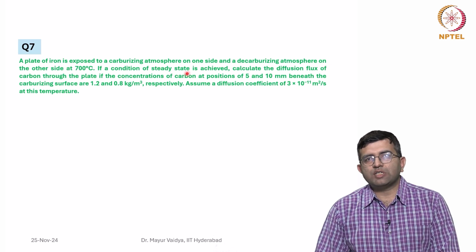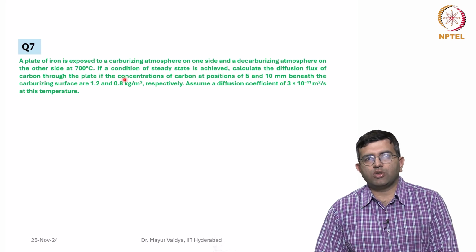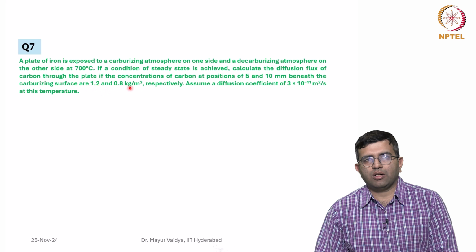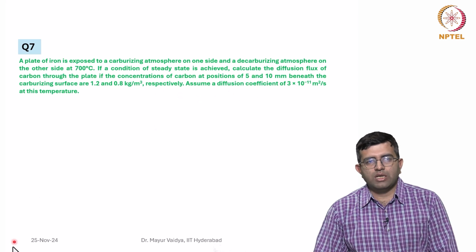If a condition of steady state is achieved, calculate the diffusion flux of carbon through the plate if the concentrations of carbon at positions of 5 and 10 mm beneath the carburizing surface are 1.2 and 0.8 kg per meter cube, and assume a diffusion coefficient of 3 into 10 power minus 11 meter square per second.